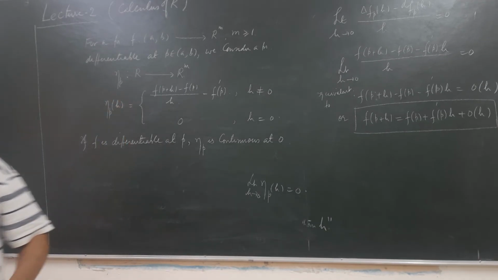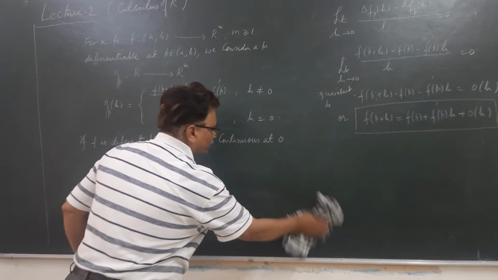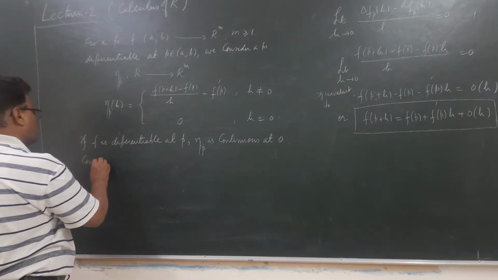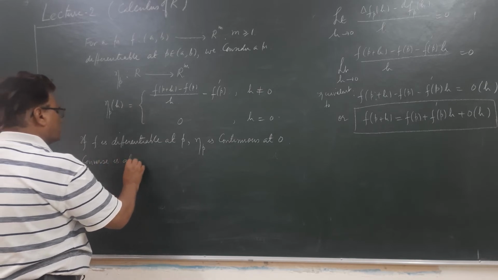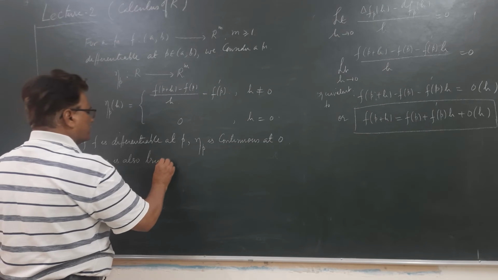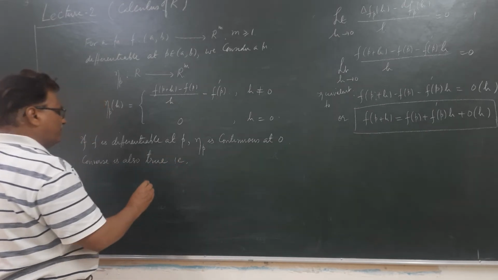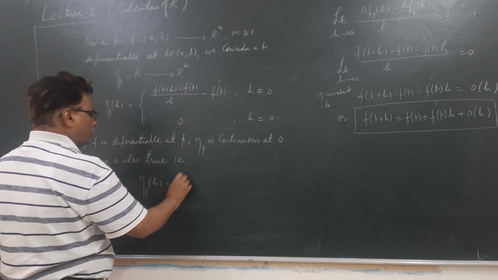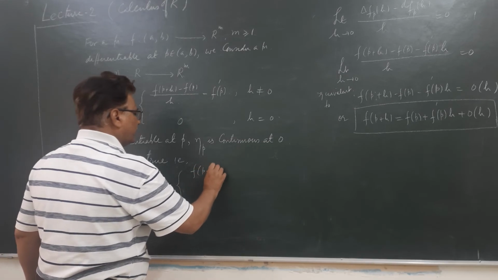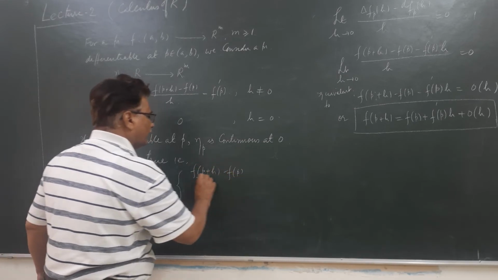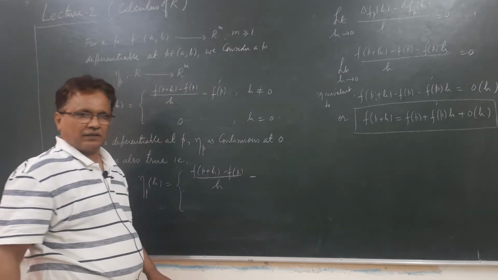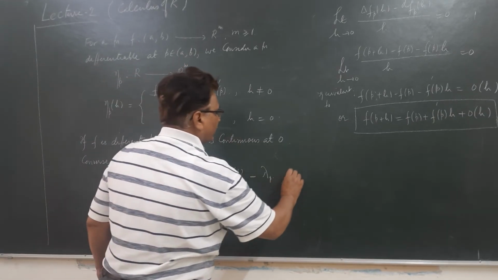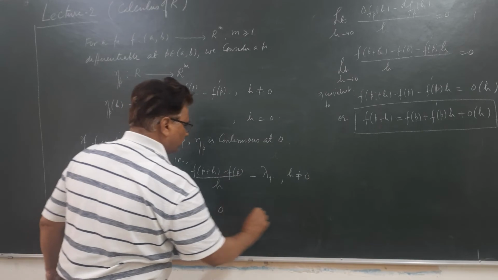In fact, the converse is also true. That means if I define my eta p(h) equal to f(p+h) minus f(p) upon h, minus a vector, let me call it lambda p, where lambda p is a vector of R^m, whenever h is non-zero, and 0 when h is 0.